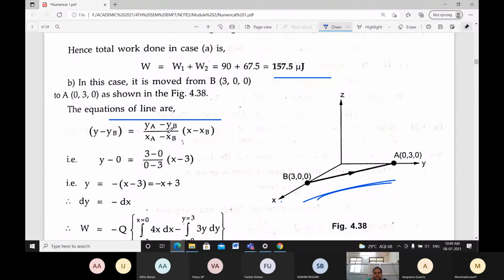You can also write it as y1 minus y2 divided by x1 minus x2 equals y minus y2 divided by x minus x2. This is the basic line equation, which you already used in linear equations in PU classes. Substituting, y is going to be equal to minus x plus 3. Therefore dy is going to be minus dx.